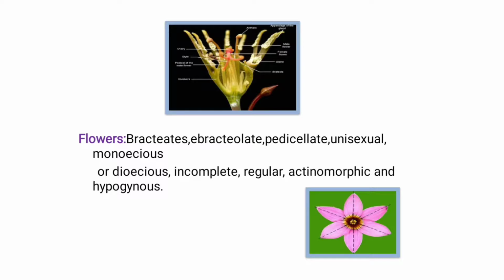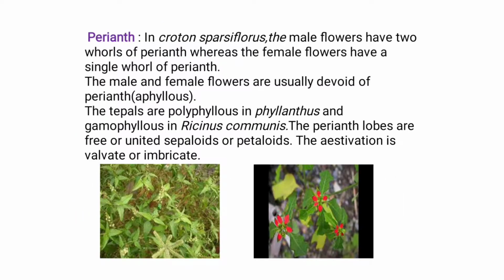They are unisexual because the male and female flowers are mostly arranged on different plants. Then incomplete because they are unisexual flowers, but in some they are regular. Then actinomorphic, you can see this in the picture, they can be divided into equal parts, so known as actinomorphic, and the ovary is superior, so known as hypogynous.